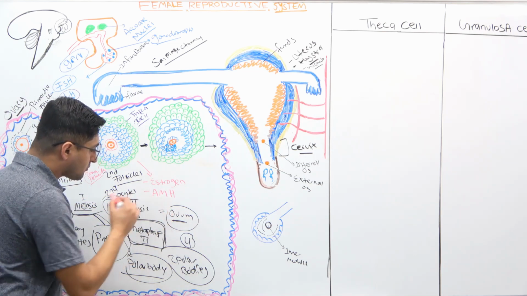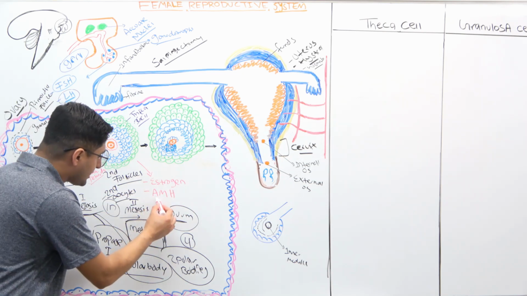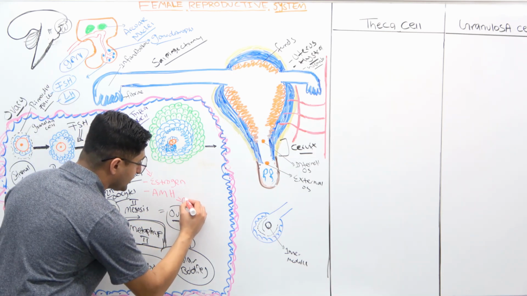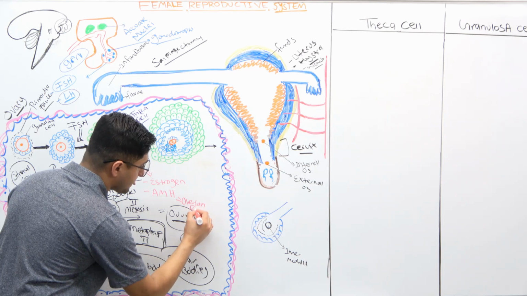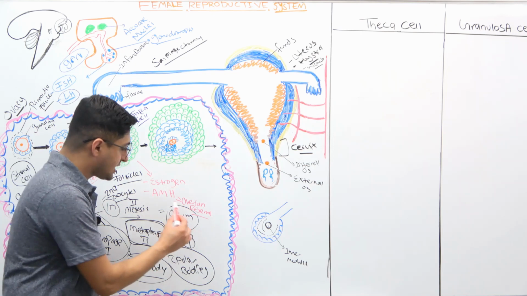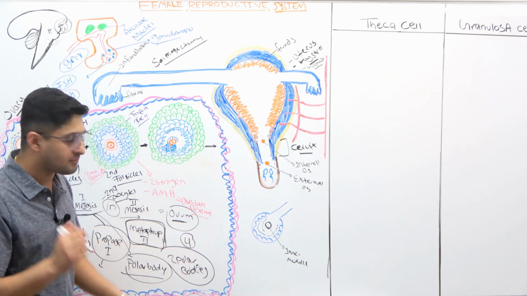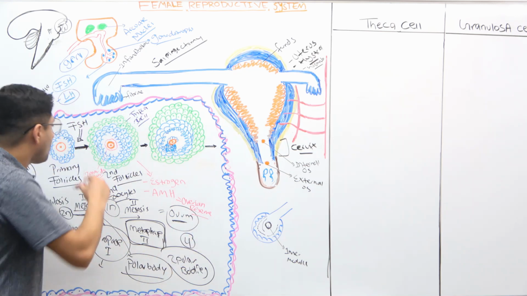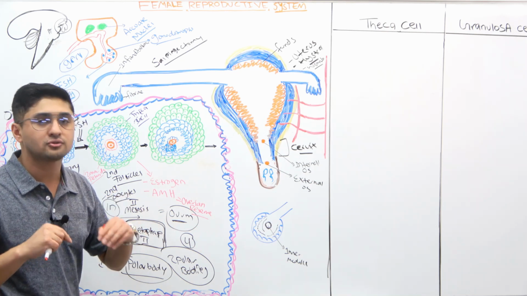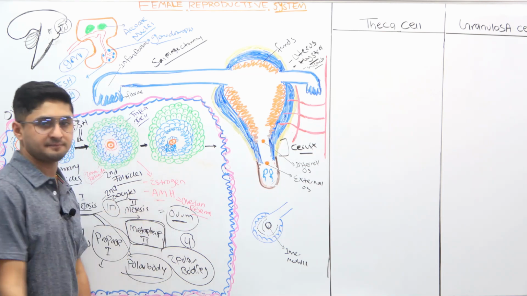Anti-Mullerian hormone also has clinical importance. It is a clinical marker for ovarian reserve. Ovarian reserve means a way to determine how many oocytes are remaining in the ovary, to calculate or determine the age of menopause. So this can tell us that.